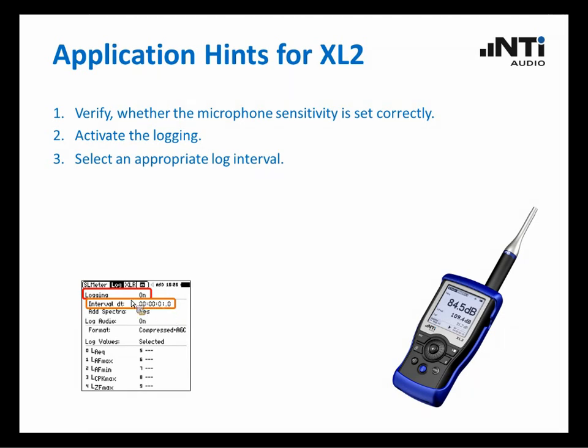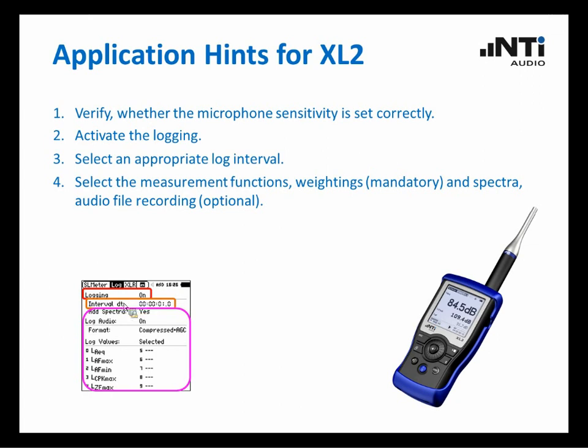The next step is to select the measurement function, the level measurements and the weightings that are necessary for your application. Again, please notice the national legislation in your country for doing that. And optionally, you can add the spectra to the recording and even an audio file recording.